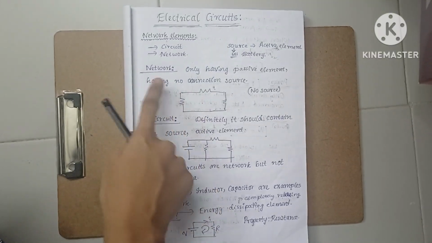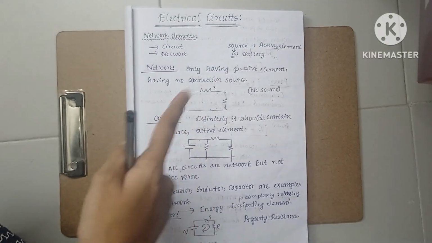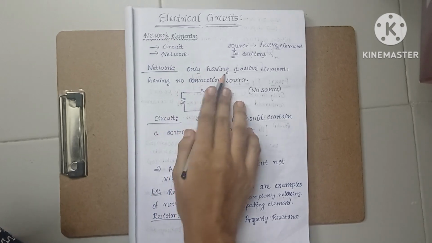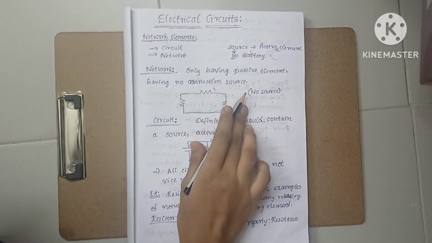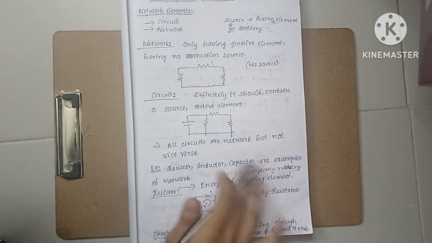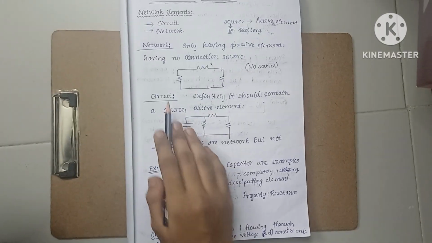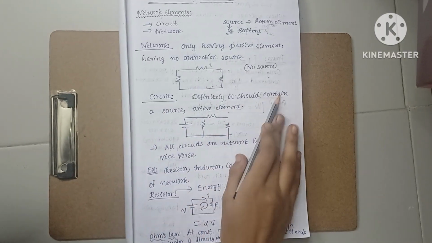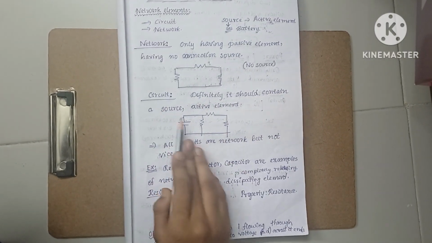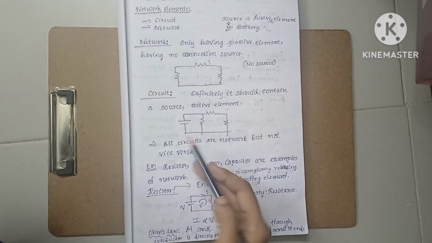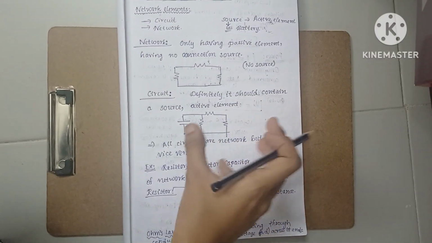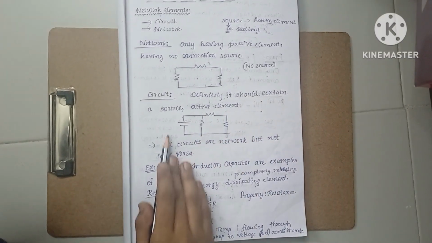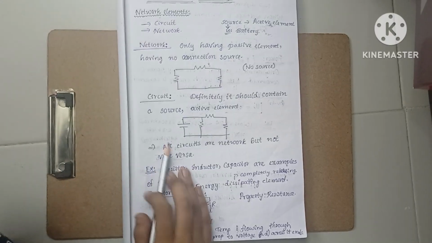So a network is nothing but only having passive elements, without any connection source. Now coming to this circuit, definitely it should contain a source, that is an active element, like a battery. Here we have a battery, so it is said to be a circuit.